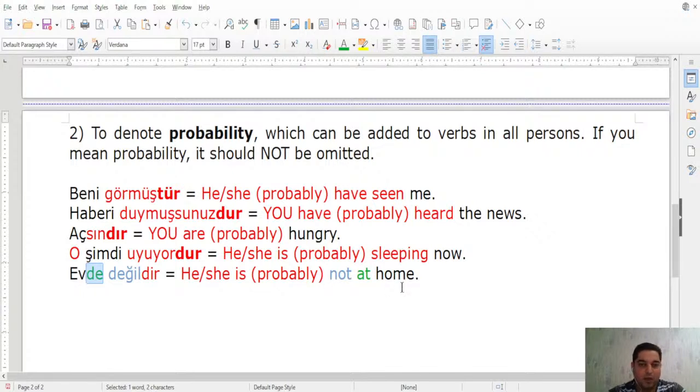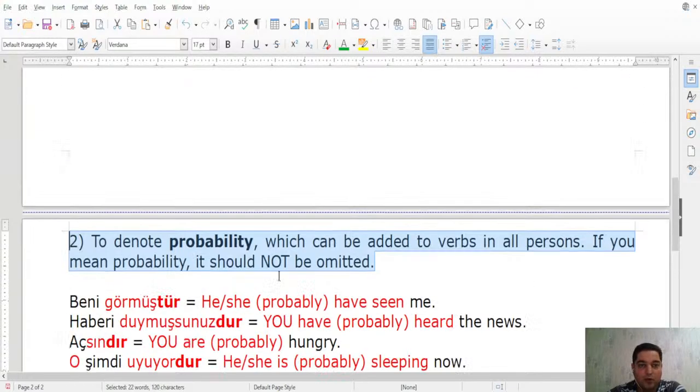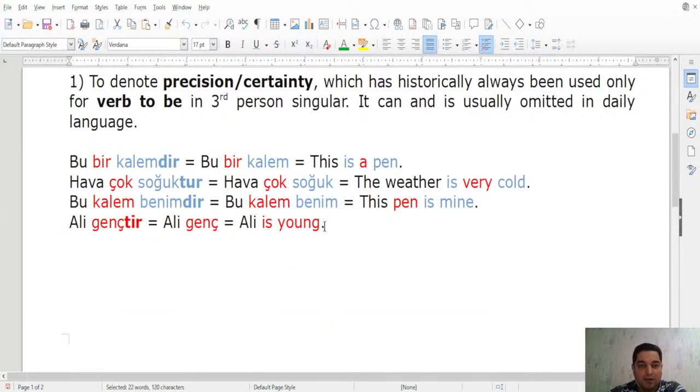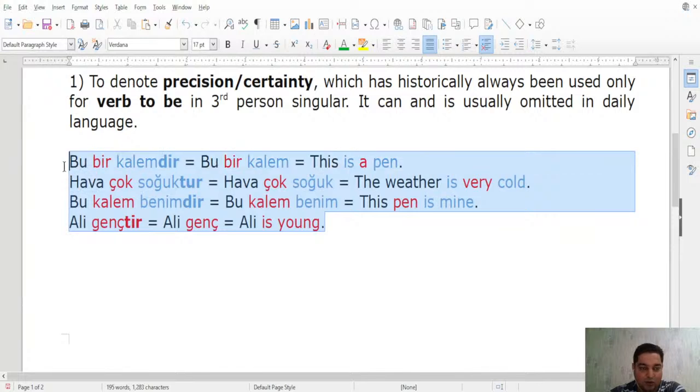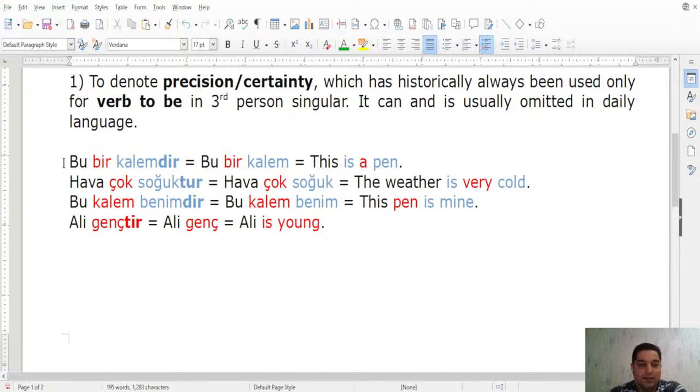Now, because this second meaning already has probability, the first meaning can also be used as a probability.